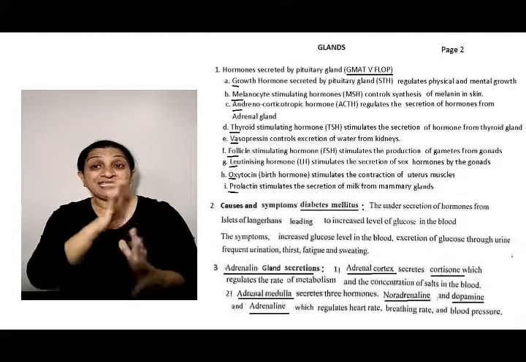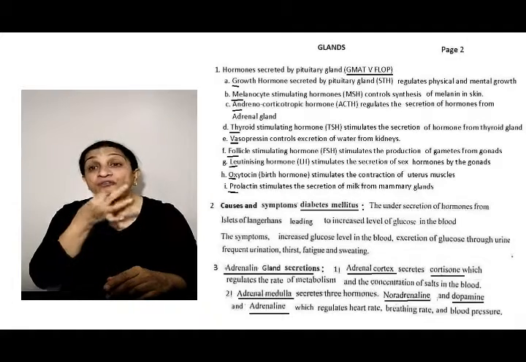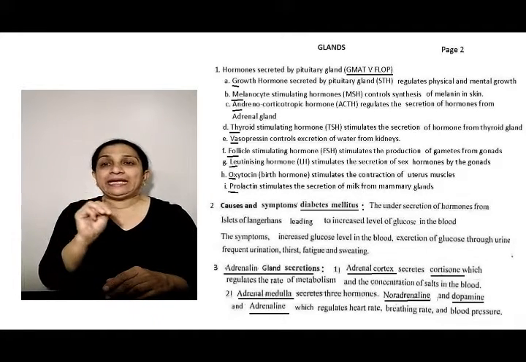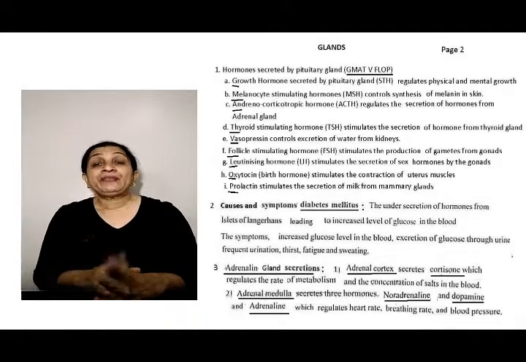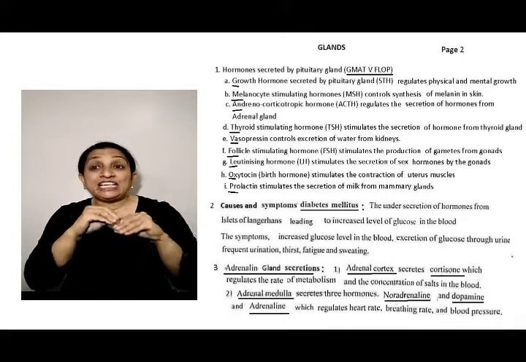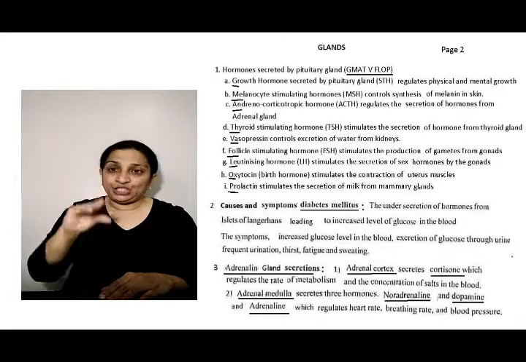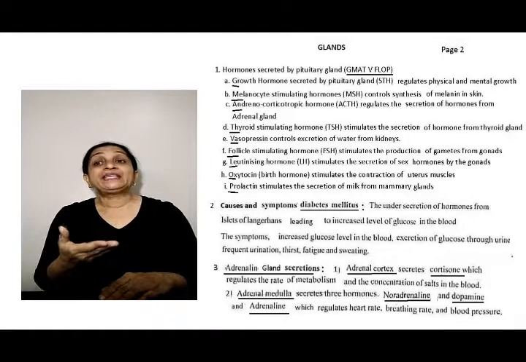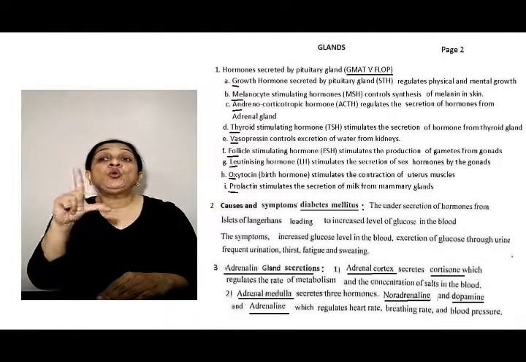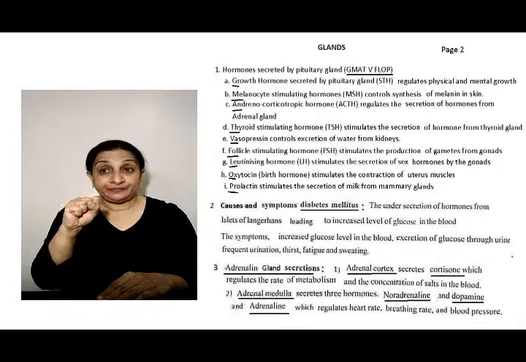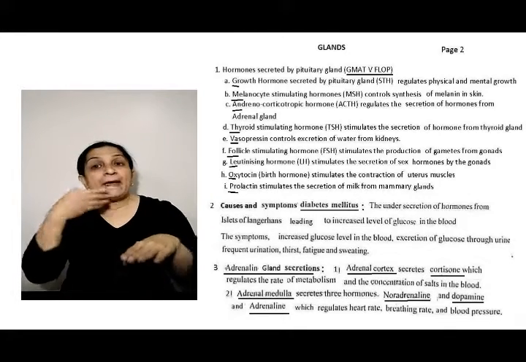Now the causes and the symptoms of diabetes mellitus. The reason is the secretion of hormone from the islets of Langerhans is reduced, which makes a high level of glucose in the blood.